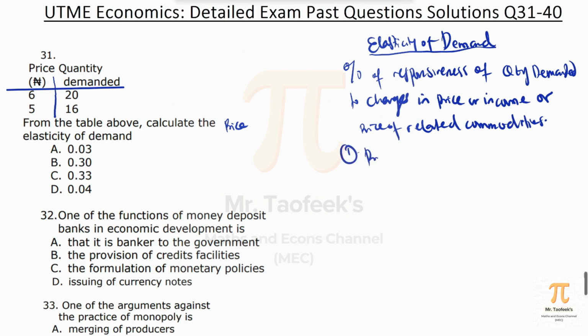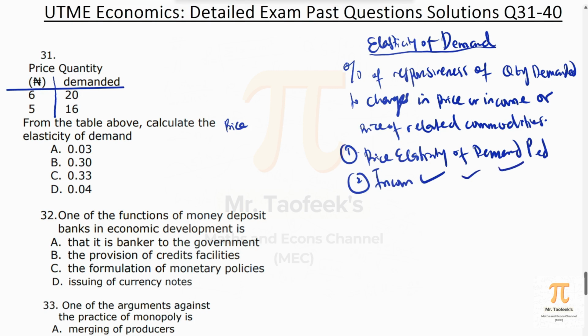We have the price elasticity of demand, which is called the PED, and this question is about the PED. Secondly, we have the income elasticity of demand, we can call that YED. And lastly, we have the cross elasticity of demand, we call that the XED. So you can see the definition of elasticity of demand is basically how quantity demanded responds to what?